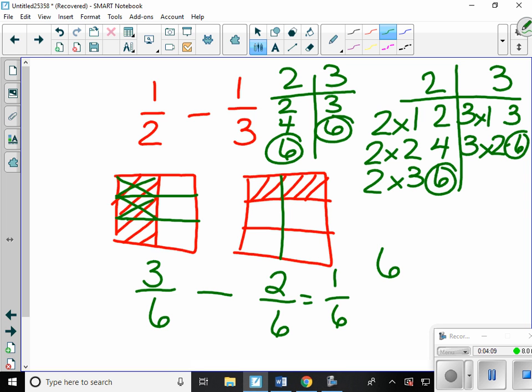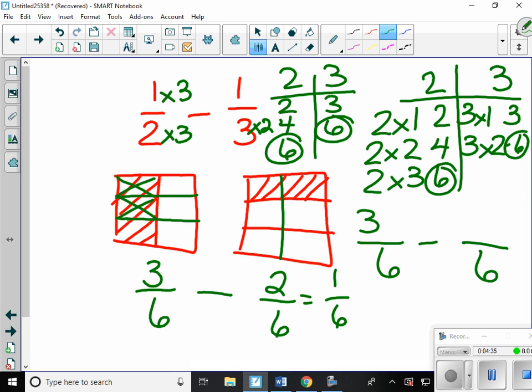So now, I'm writing my 2 to get to 6 is 3. So 2 times 3, 1 times 3. 2 times 3 is 6. 1 times 3, 3. 3 to get to 6, 2.